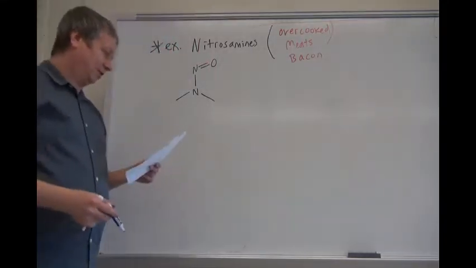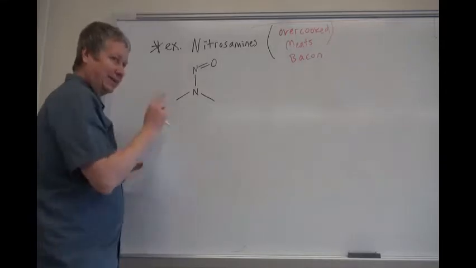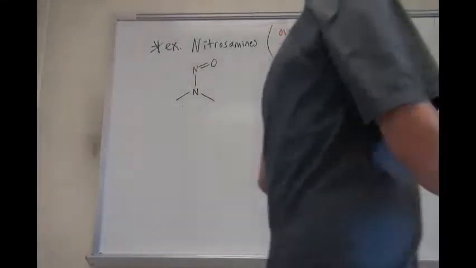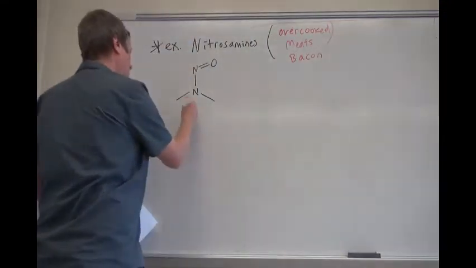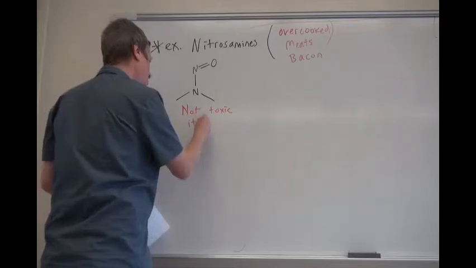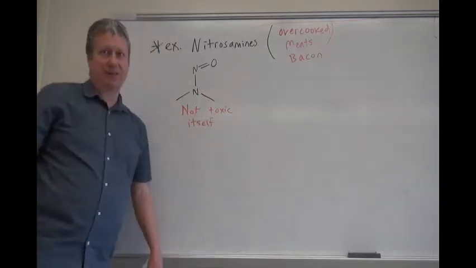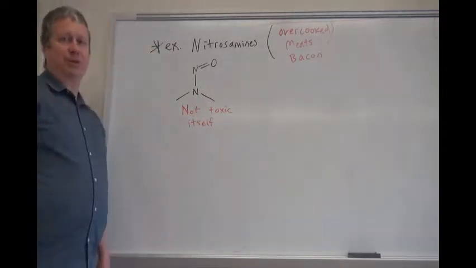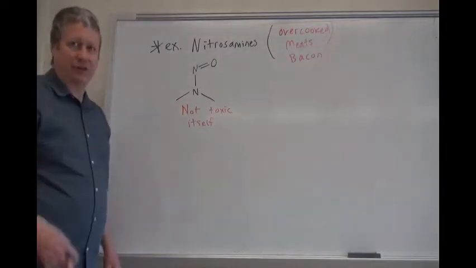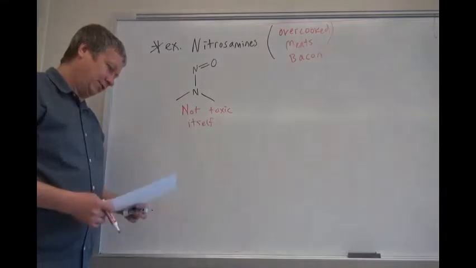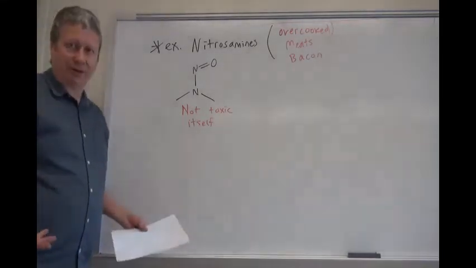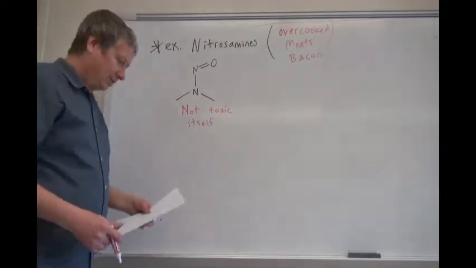This molecule is not toxic itself, just like benzene wasn't toxic by itself, or benzopyrene. Because this is not electrophilic, but it's activated in a way that creates an electrophile. An electrophile causes cancer.